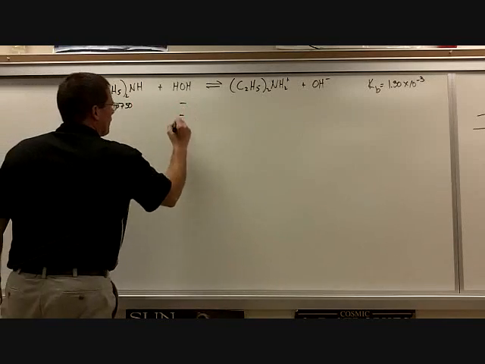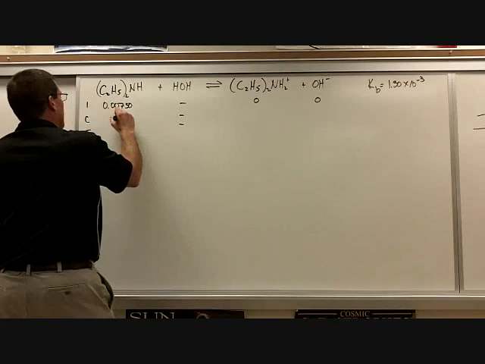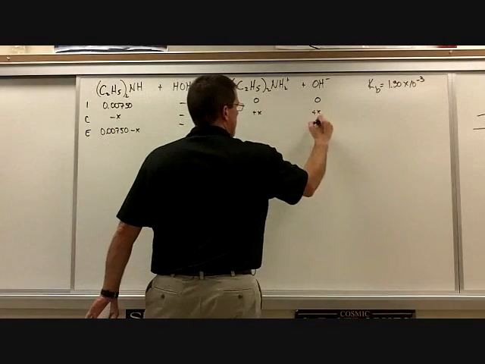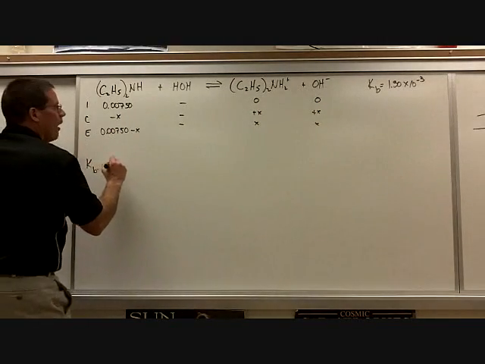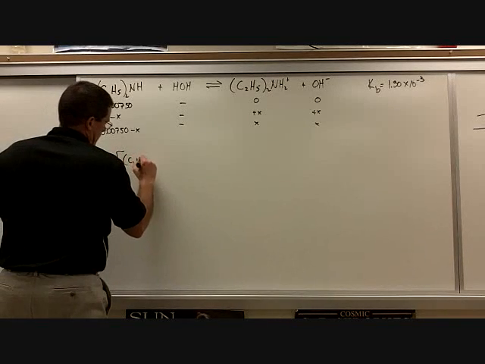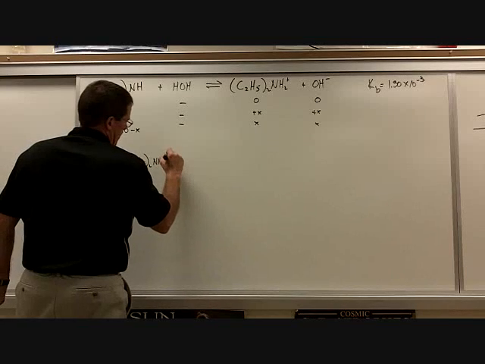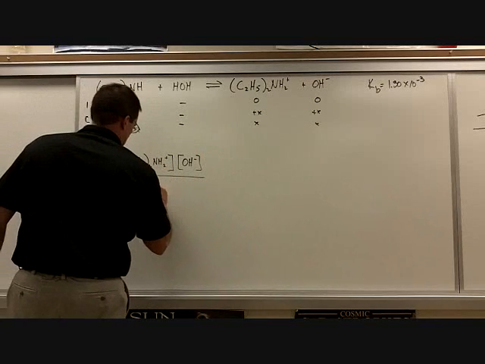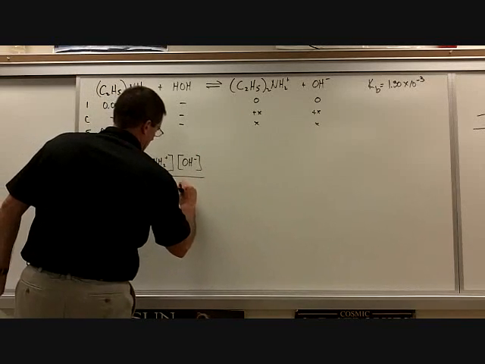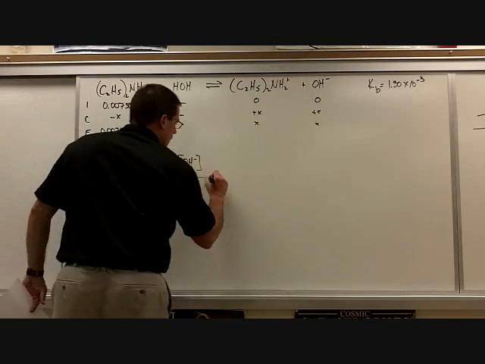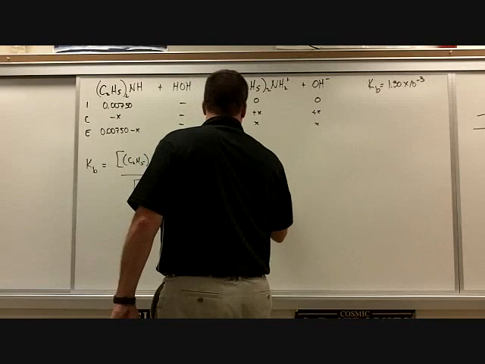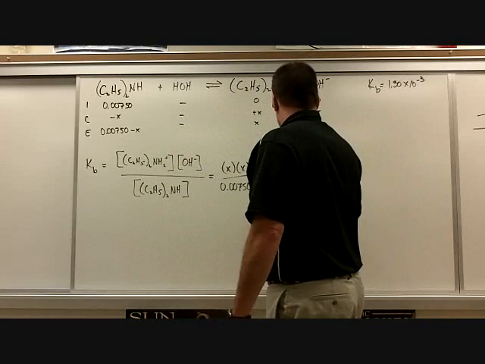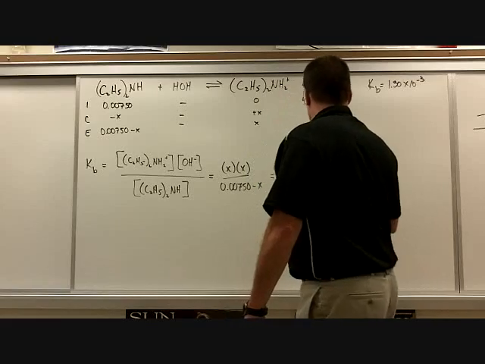All right, so 0.00750 minus x. Our Kb, go ahead and plug in our values, and that all equals 1.3 times 10 to the negative 3.